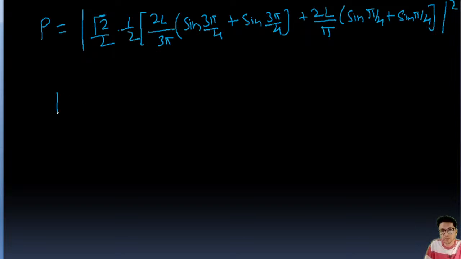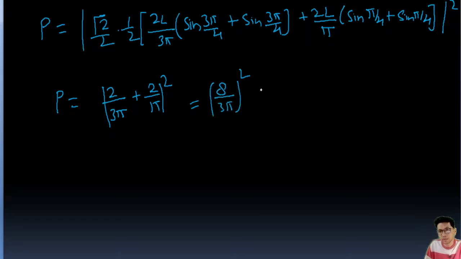So this is going to be equal to 2 upon 3 pi plus 2 upon pi, mod square, and so this is going to be 8 upon 3 pi whole square.